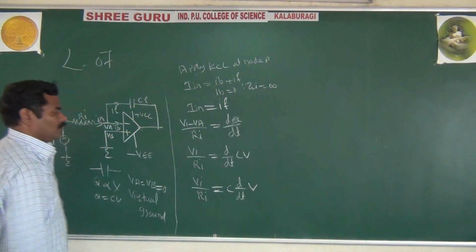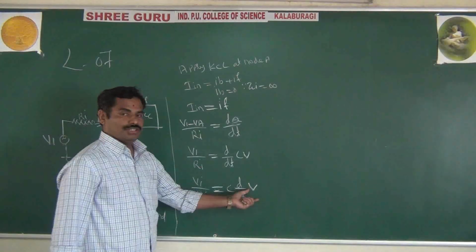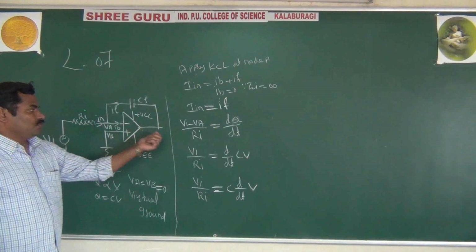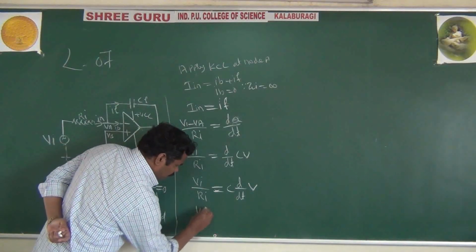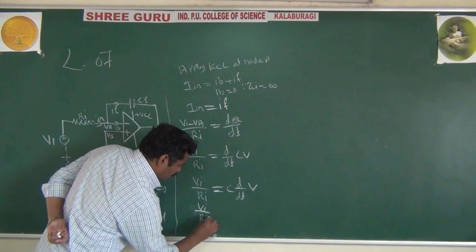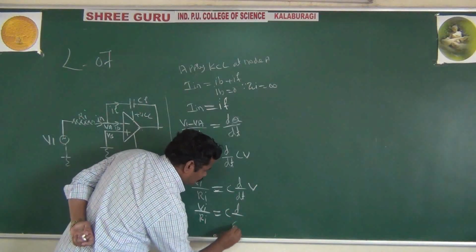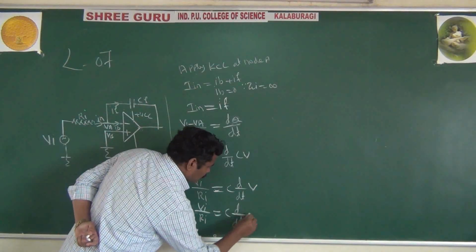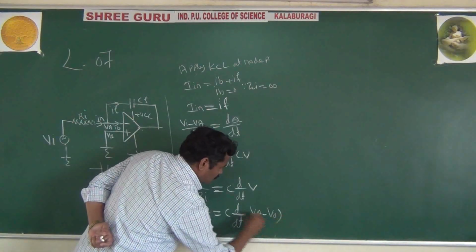As I said, we are applying the capacitor at the output. We want the output voltage, so V is Va minus V naught. You can write Vi by Ri equal to C into d by dt of Va minus V naught.